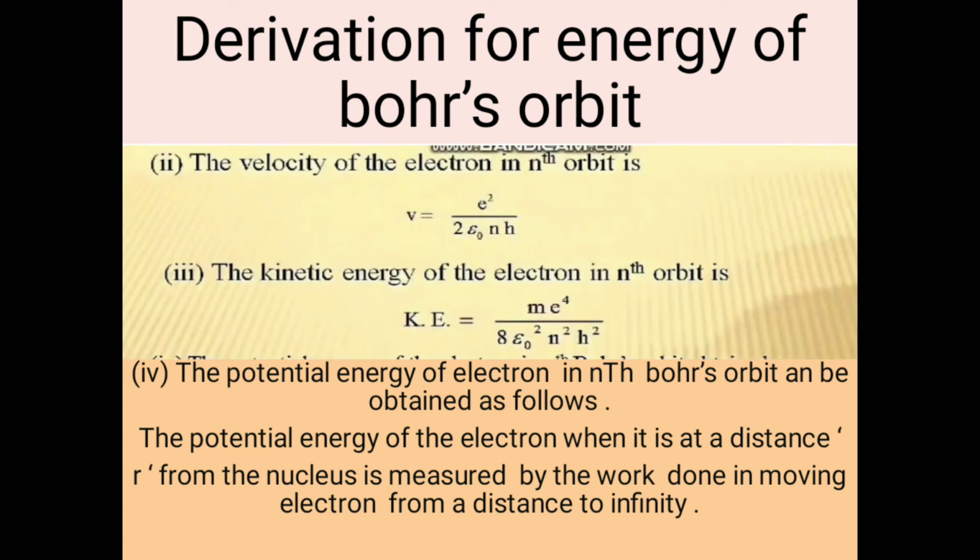And we also know that the potential energy of electron in the nth Bohr orbit can be obtained as follows. The potential energy of electron when it is at a distance r from the nucleus is measured by the work done in moving the electron from the distance r to infinity.